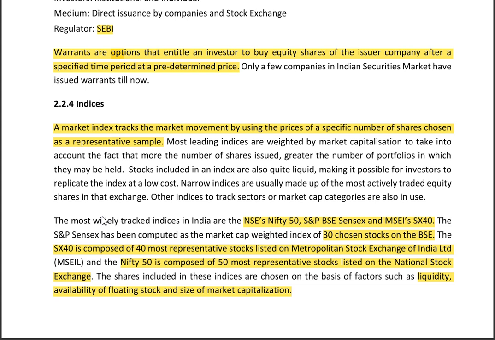For suppose, Sensex tracks the top 30 firms, Nifty tracks the top 50 firms, like diversified funds. So by seeing the indexes we can judge how the Indian economy and market are doing, whether it is doing well or not. If the points are increasing, we are doing good, or else vice versa.